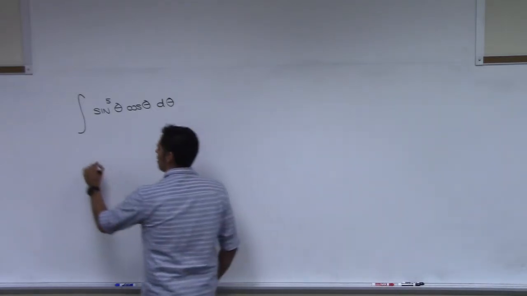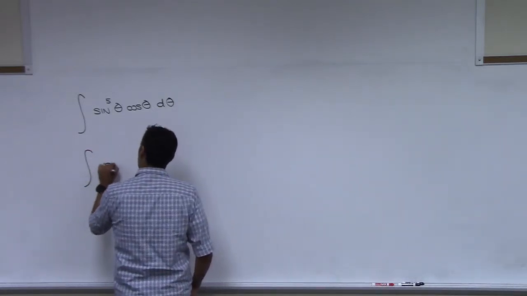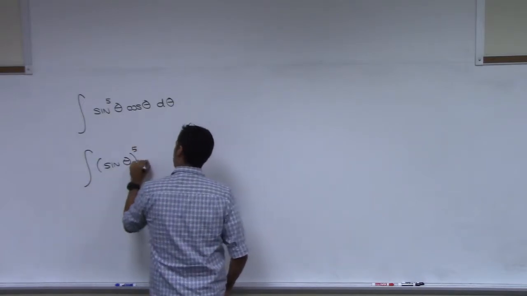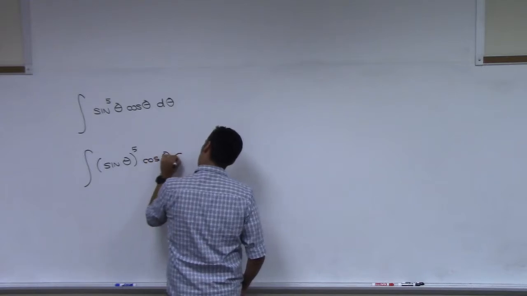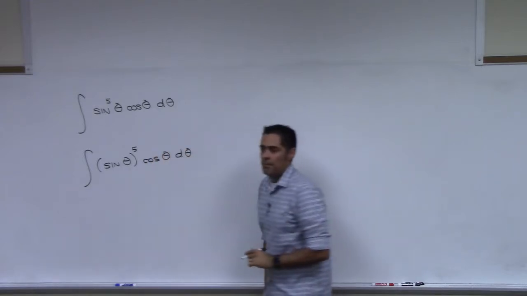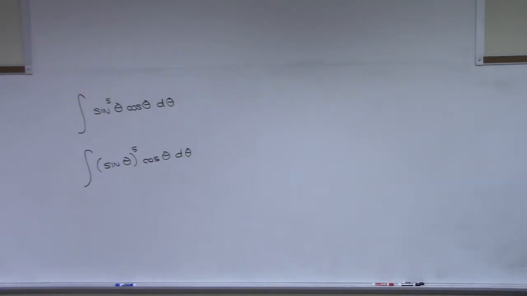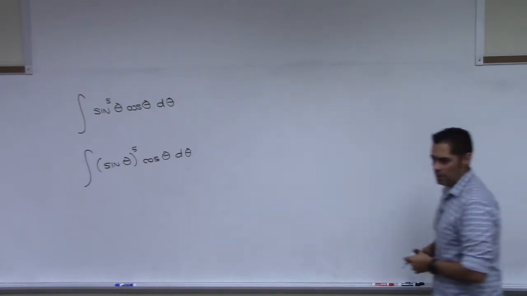Now you don't need to write this next step, but I just want to make sure we're very clear on what the 5th power here really means. The 5th power means you find sine of theta first, then you raise it to the 5th power. You're not raising theta to the 5th power.